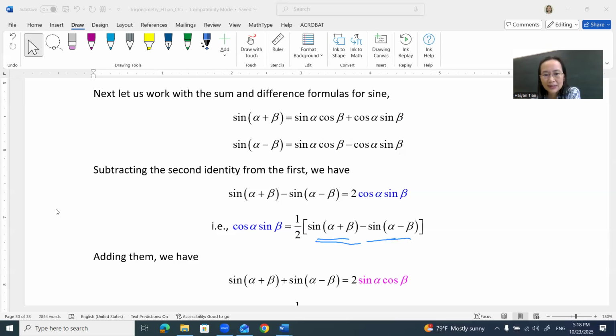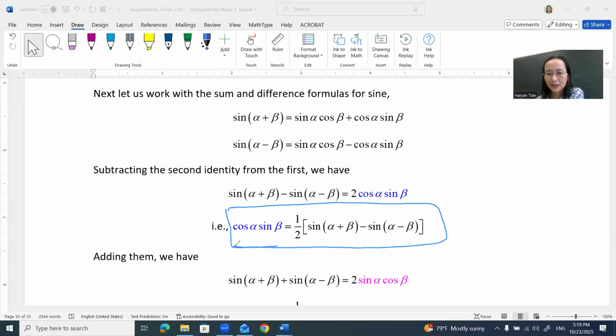So now we got another formula. This product, cosine alpha sine beta, can be written into another alternative form. So this is another formula that we can write a product of functions into, the sum or difference of two functions.